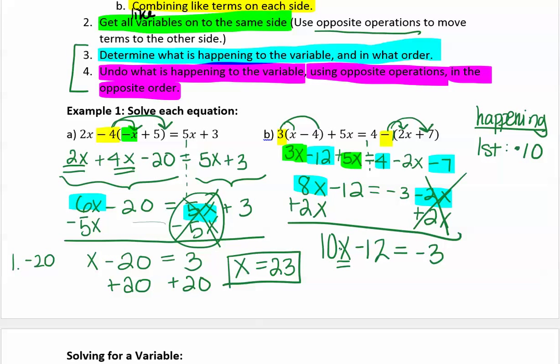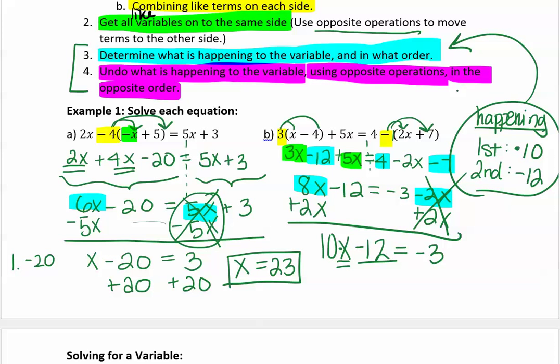X is being multiplied times 10 first. Think order of operations. Multiplication comes first. Second, I'm subtracting 12 from it. Okay? That is what's happening. And in what order? That's step 3. Step 4 is we are going to undo it.